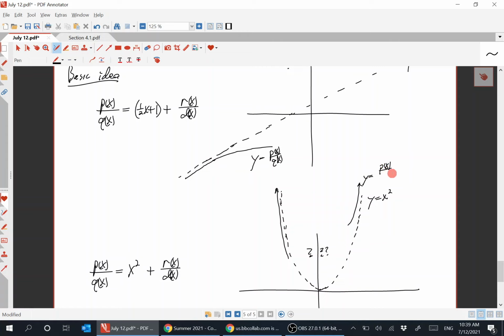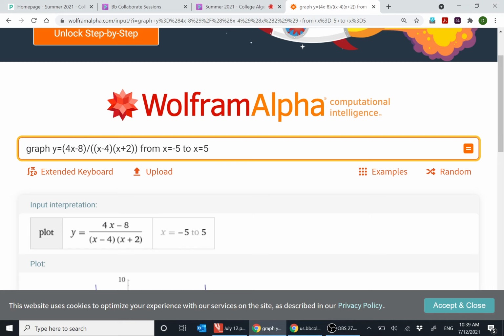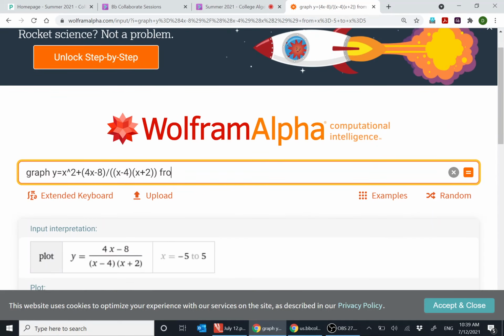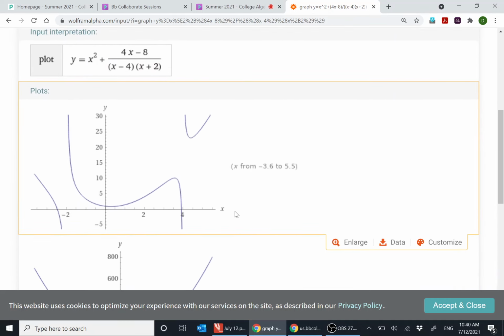Let's do a little experiment. Let's look at some graphs online. Let's put in the parabola y equals x squared plus a rational function where the degree on the top is less than the degree at the bottom.